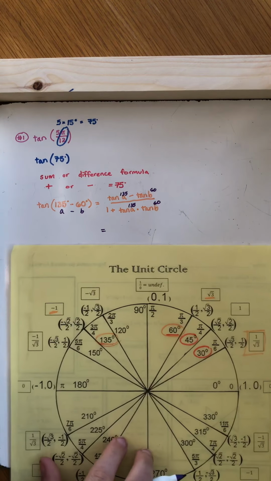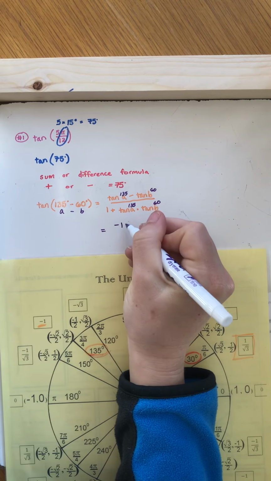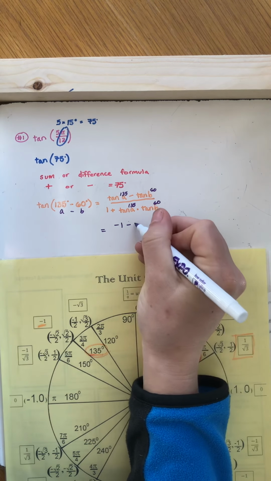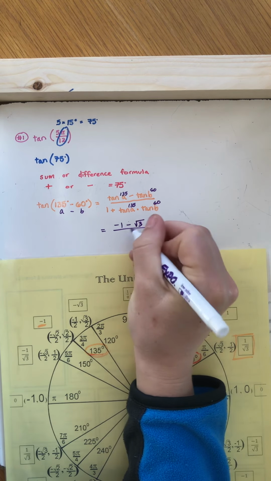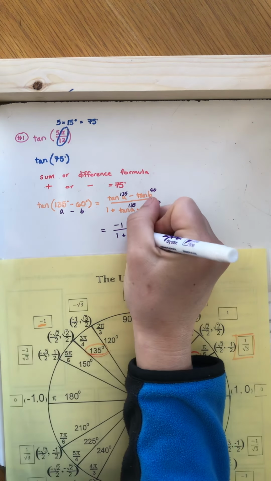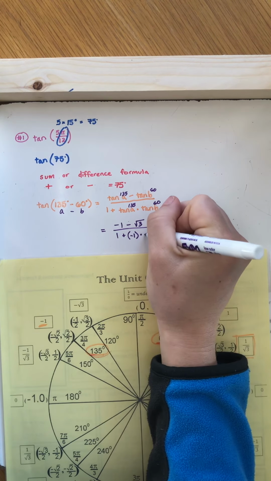So looking on our circle here, the tangent of 135 is -1, minus the tangent of B, so the tangent of 60 is square root 3. Divided by 1 plus the tangent of 135 is -1 times the tangent of 60, which is square root 3.